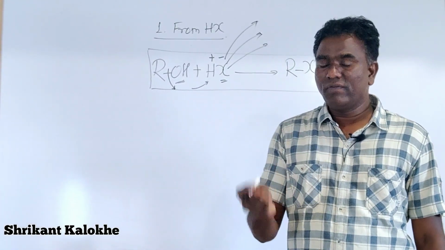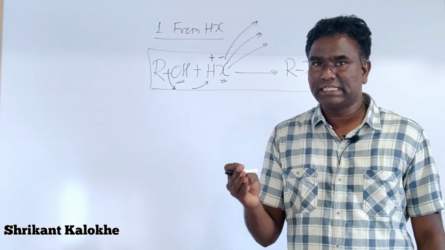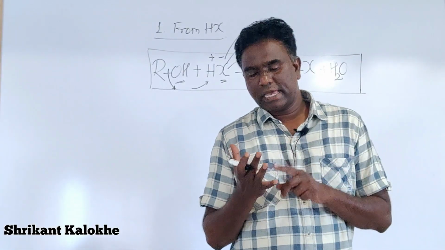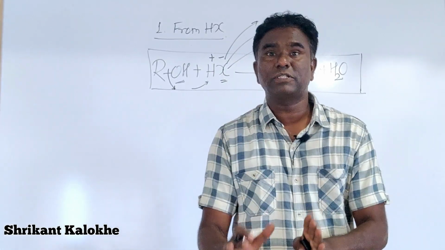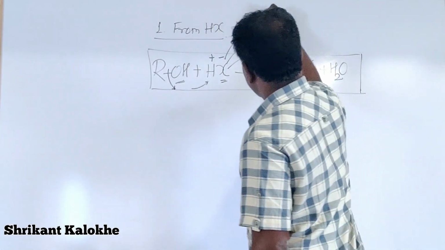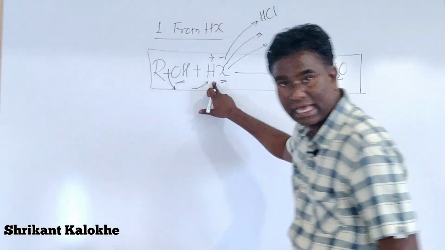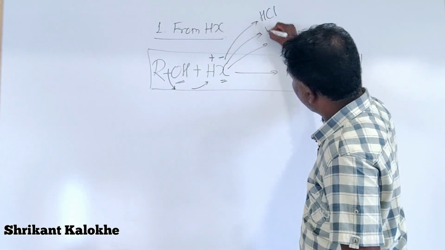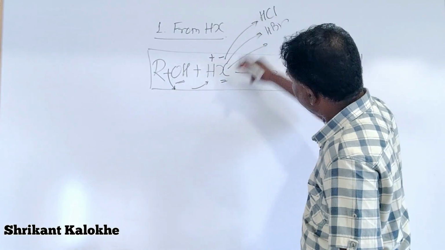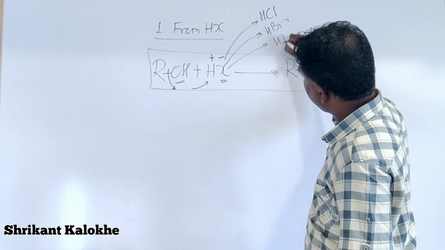Whenever there is HX, we will always think about HCl, HBr and HI. So our three possibilities are: as HX we can take HCl, HBr, or HI.